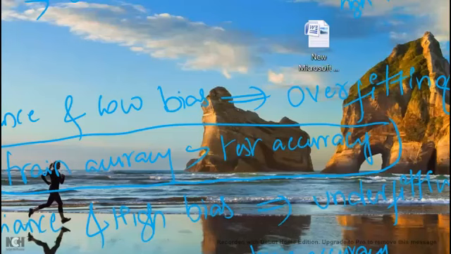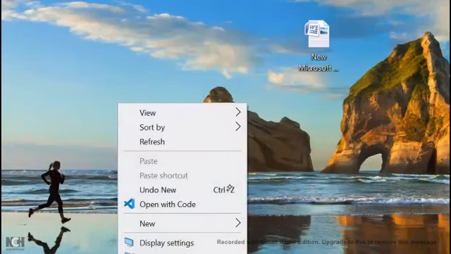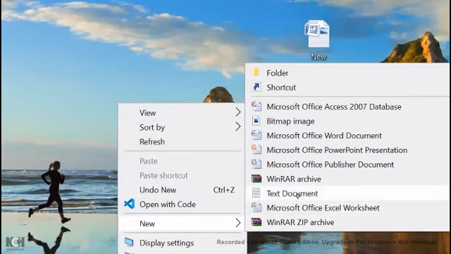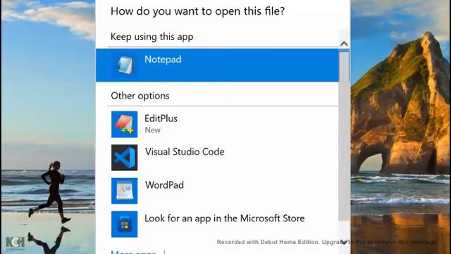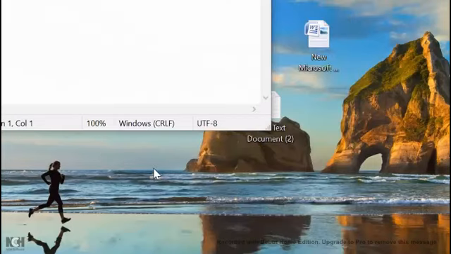Let me write this in a notepad, and I will upload the notepad to the drive as well. Just give me a minute. First is bias. Bias means nothing but train error. Next, variance. Variance means test error.